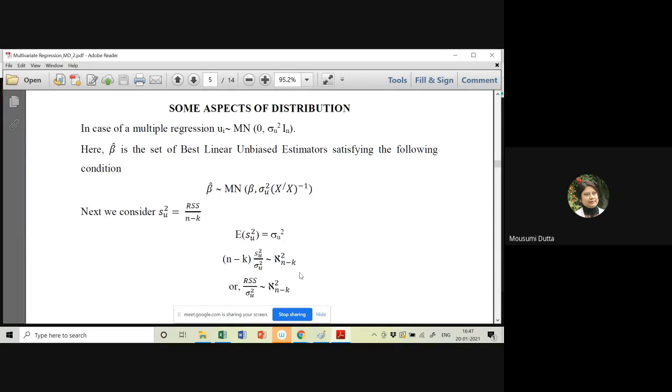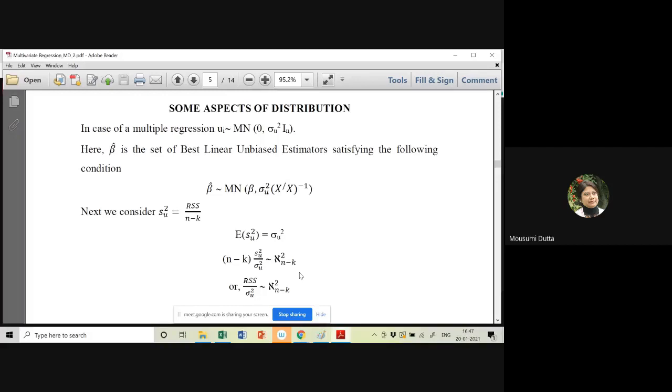Now, from your undergraduate level, you have an idea about inference where you considered the ratio of sample variance to the population variance. If it is multiplied with the relevant degrees of freedom, it follows chi-square with n minus k degrees of freedom.